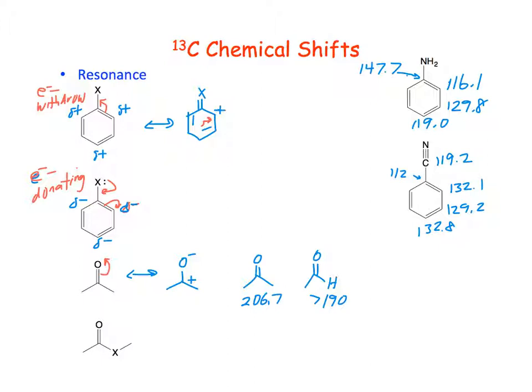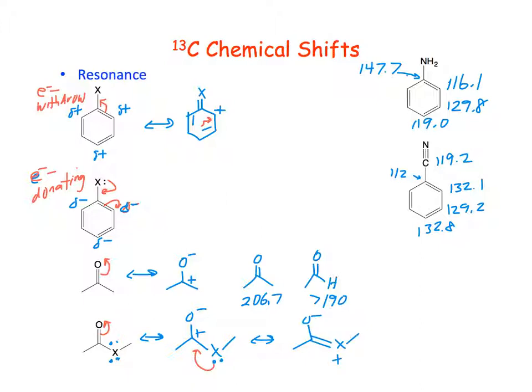However, if instead of just having a carbon or hydrogen there, we have some X group that has non-bonding electrons, when we do this same resonance, then this X group can donate electrons to kind of reduce the delta plus on the carbon. All right, so we end up with another resonance, which is like this.